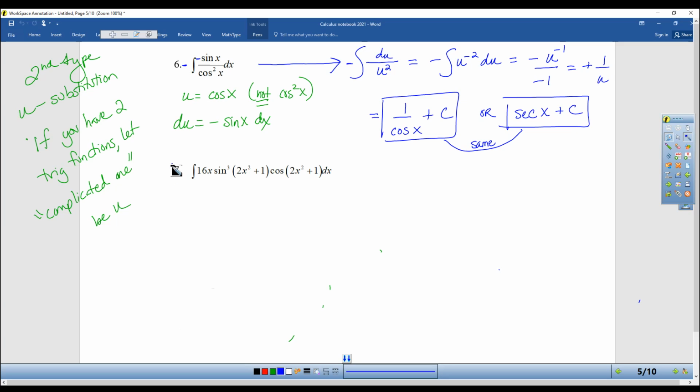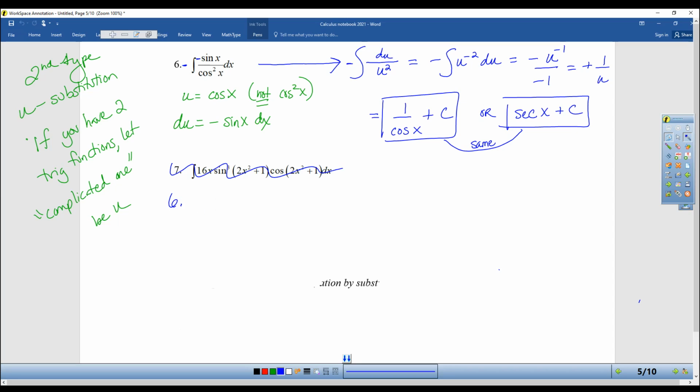Now I am going to redo number 6 a different way, just so that you can see how this is going to get done.